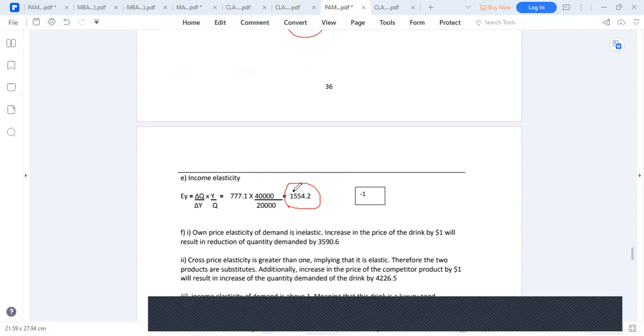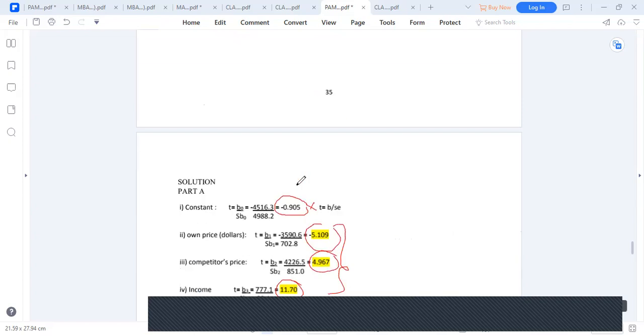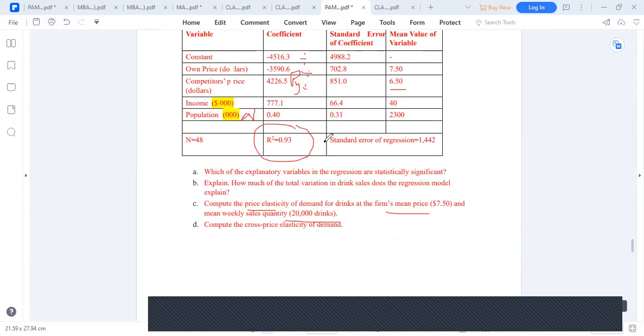What type of good is it, to be specific? It is a luxury good because it's greater than 1. So this is now a combination of everything that I taught you. We are done with our linear regression, estimation, and forecasting. Unless there are any questions, we end here.